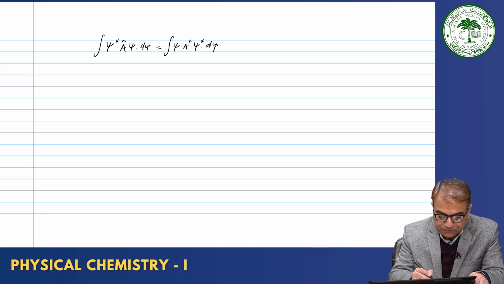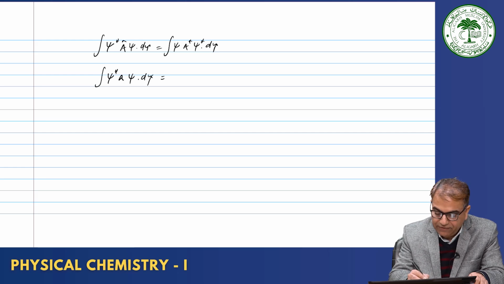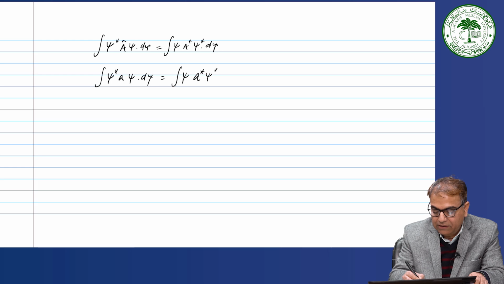What is A psi? When you operate with this one, you get a psi d tau, and if you operate with the other, you get a star psi star d tau.